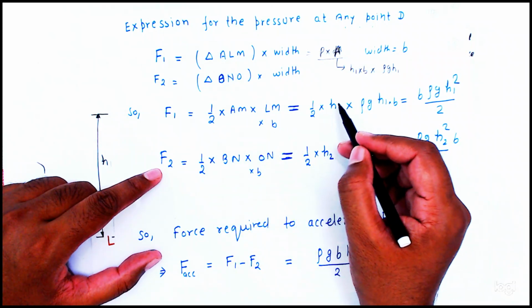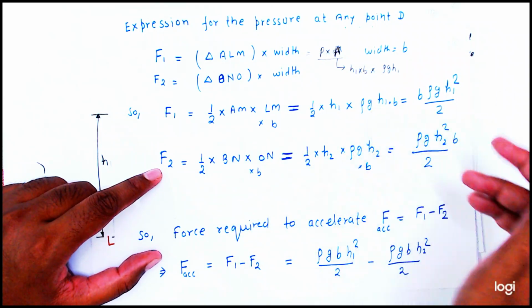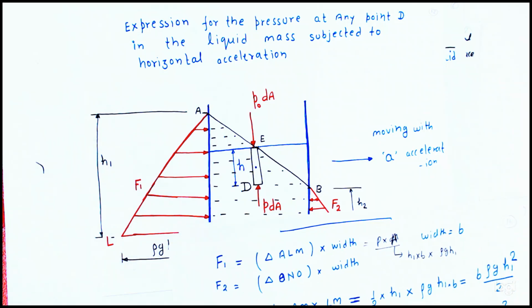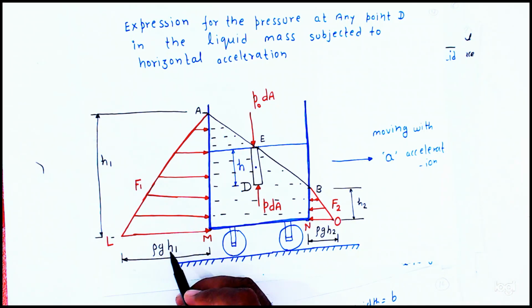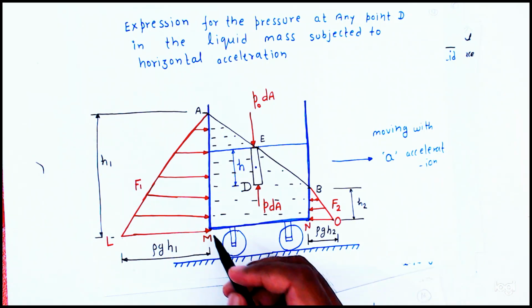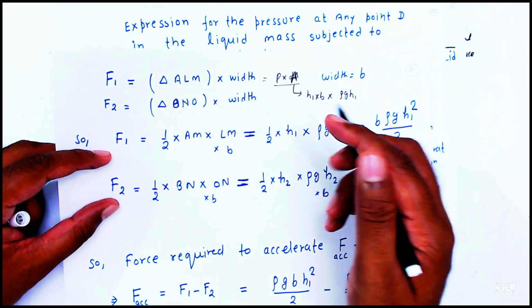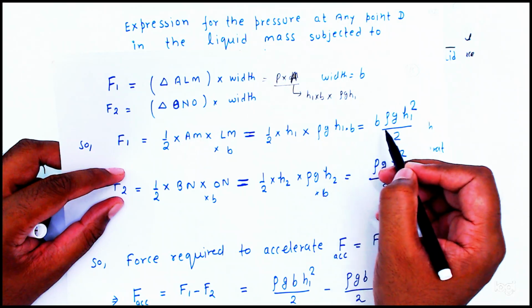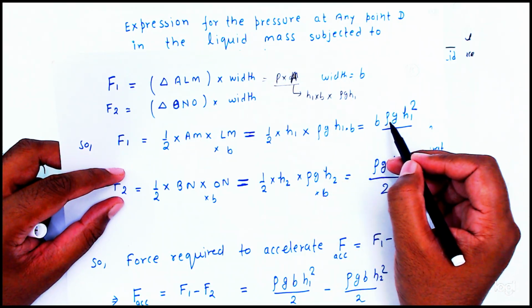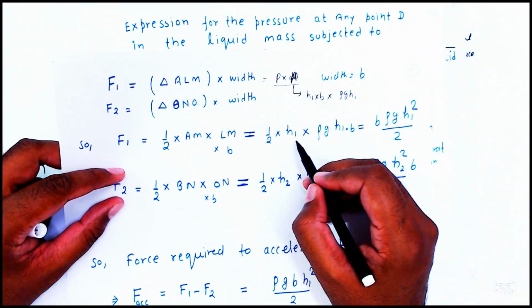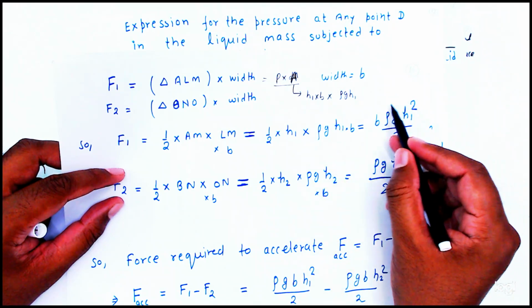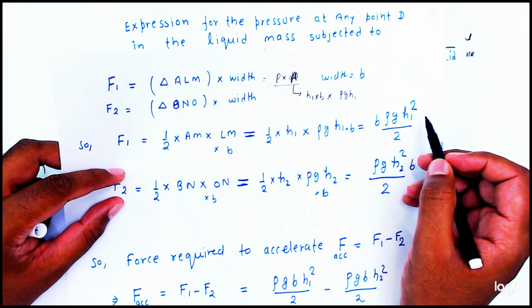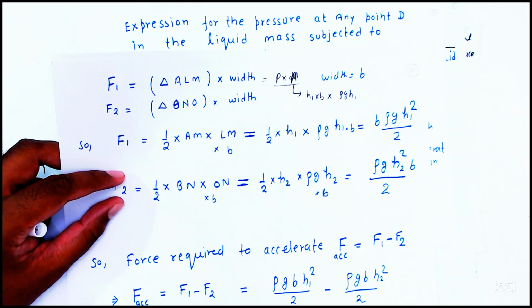So 1 by 2 into H1 into height, H1 into pressure, which is rho G H1, into width B. So from here the pressure force will come: 1 by 2 into H1 into rho G H1 into B, equal to B rho G H1 square divided by 2. It will come.